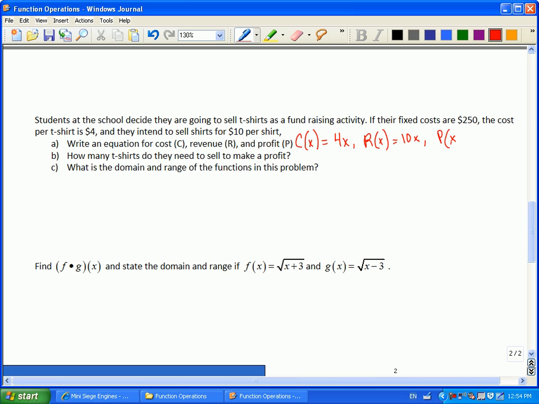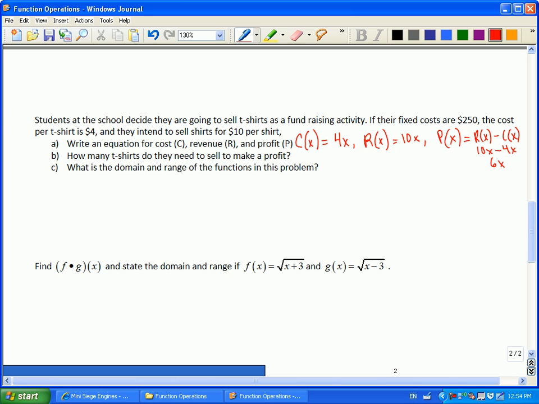Good, yeah. So profit, we can represent it a couple ways, right? That's the revenue that your business makes minus your costs. So that's 10x minus 4x, $6 a shirt, which is kind of what you would expect, right? If they cost 4 and you sell for 10, it's $6.